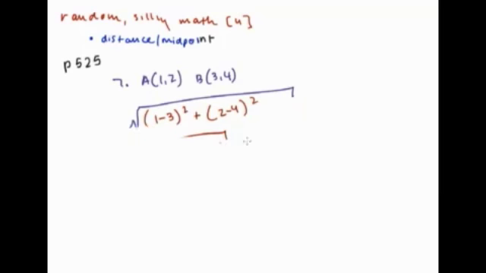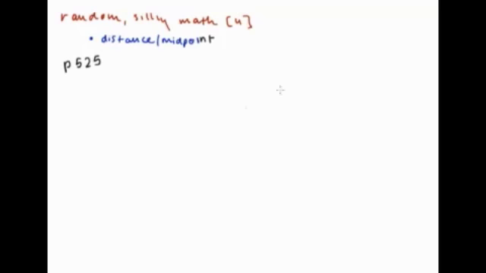Simple, simple, simple. Just want to do one more of this type of question. Heck, let's try 10. A is (-3, 3). B is (3, -3). Kind of fun.